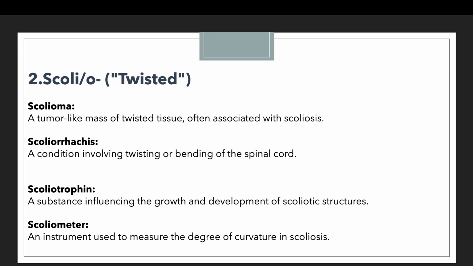So let's say someone is measuring the curvature of scoliosis, which means twisting of a mass, and it could be related to the spinal cord. Yes. So spinal cord curvature is measured with the help of an instrument known as the scoliometer. These are some examples used to showcase something as twisted.